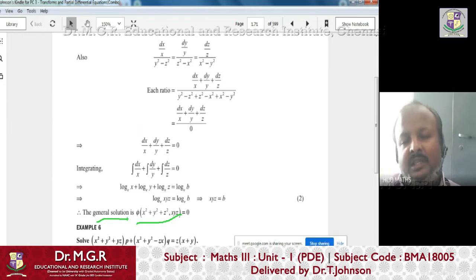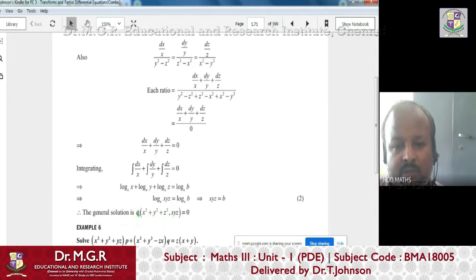The general solution is nothing but a solution of the PDE containing an arbitrary function. Since the given PDE is of order 1, the general solution contains one arbitrary function, that is called phi. But what are the arguments of that arbitrary function? That only we are finding as u and v, the arguments of the general solution of the given PDE.